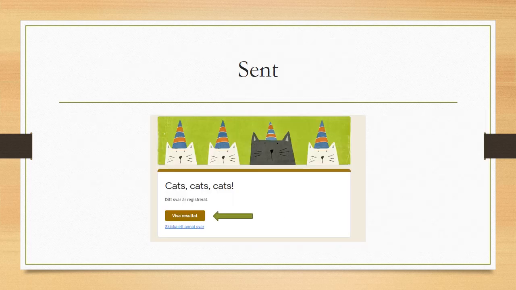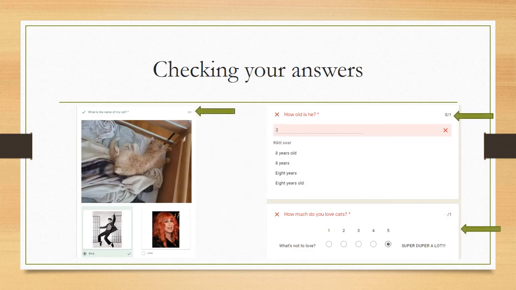Okay, so this will appear if you've clicked send, that your answer has been registered, and if you want you can show the results. And of course we know that Elvis is the correct answer, so that was a correct answer, but since I wrote 2 on Elvis, that is incorrect.